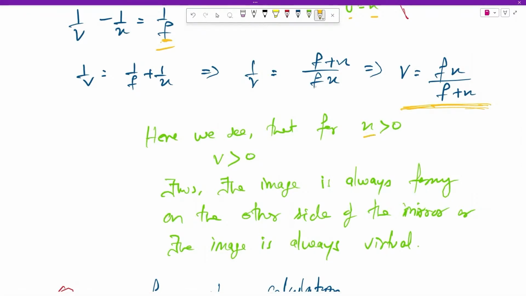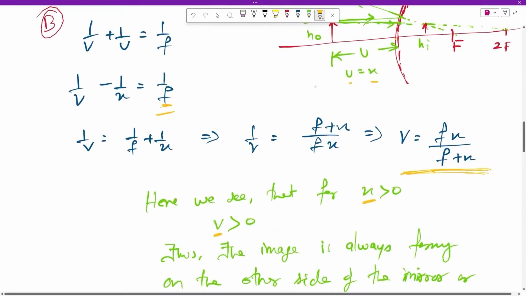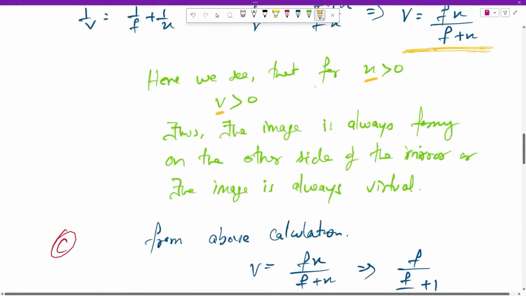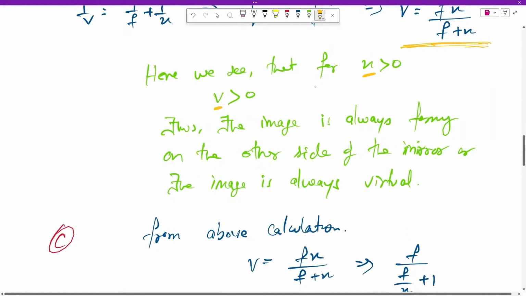Wherever the object is placed, the v is always going to be positive. The image is always forming on the other side of the mirror, or the image is always virtual. Since v is positive, it means that v measured from here is always going to be on the right side of the mirror. Thus there will always be a virtual image forming for this case.